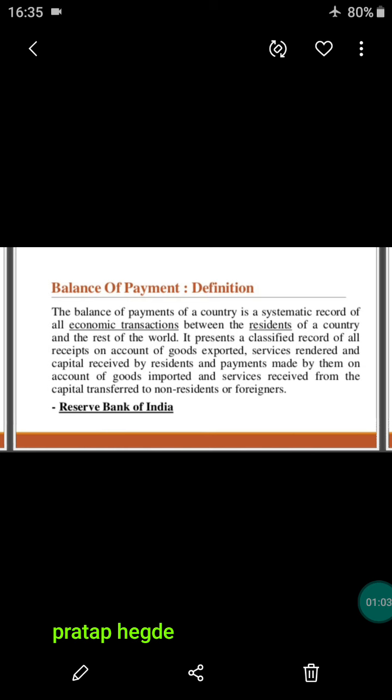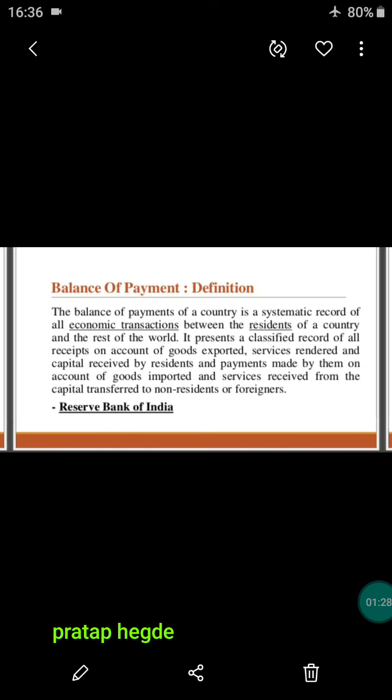It presents a classified record of all receipts on account of goods exported, services rendered, and also capital received by the residents, and payments made by them on account of goods imported and services received, and capital transferred to non-residents or foreigners. This is the definition given by the Reserve Bank of India.